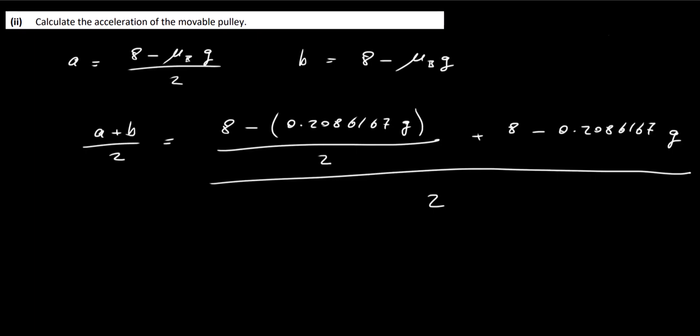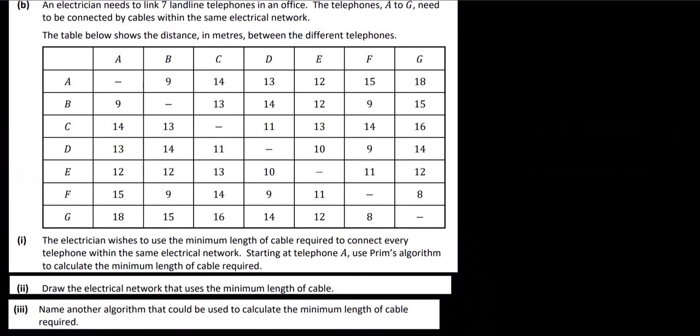Okay, so when you do all of that, you will get 4.4666667 and so on, or let's say to 2 decimal places 4.47, this acceleration, so it's meters per second squared. Okay, so this is question B.